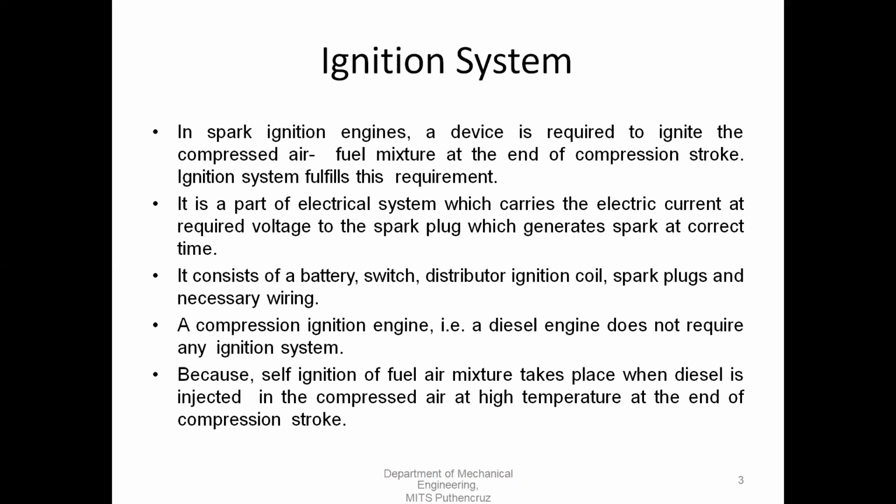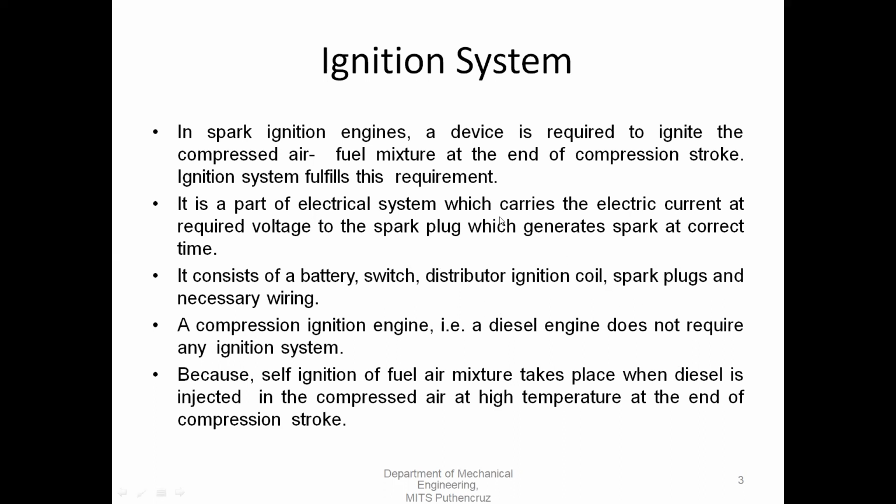At the end of the compression stroke, there is a compressed air fuel mixture, and it ignites when a spark is developed on the spark plug, in petrol engines or diesel engines. Once the spark is developed on that piston and cylinder, power is developed and the vehicle engine runs smoothly. Okay, so that is the ignition system.